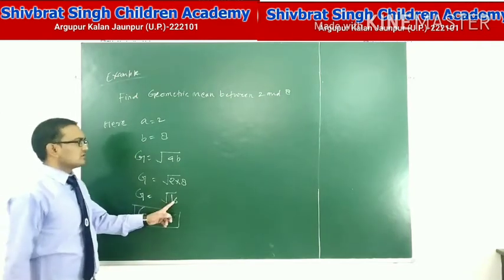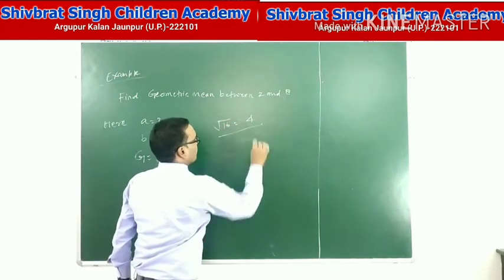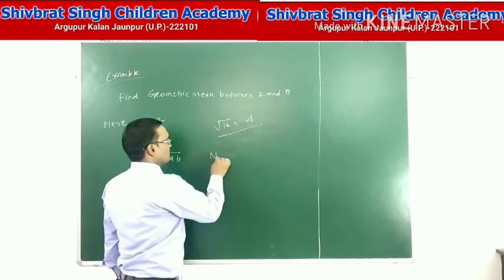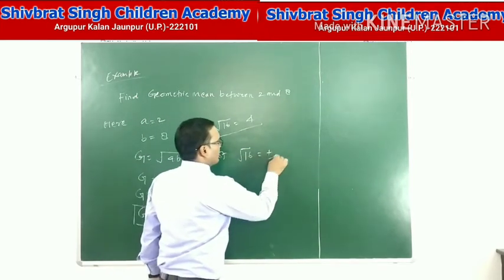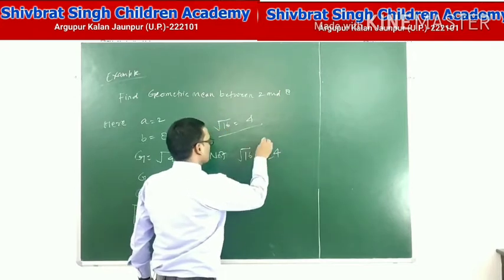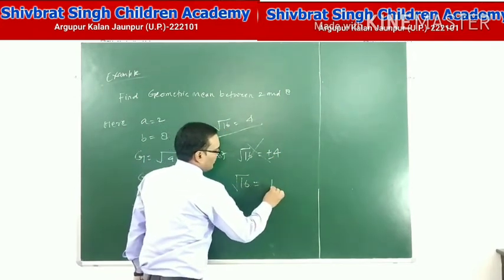Square root 16 gives the value 4, only 4, not plus minus 4. Square root 16 is only 4.